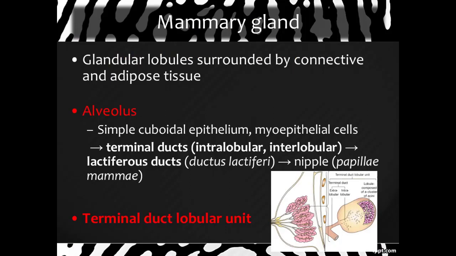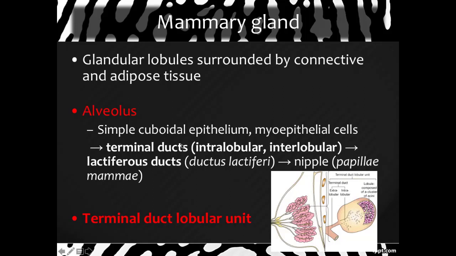Lobes are surrounded by connective tissue and adipose tissue, and it is composed of secretory units called alveolus, lined by simple cuboidal epithelium and surrounded by myoepithelial cells, which help the secretion of the milk.